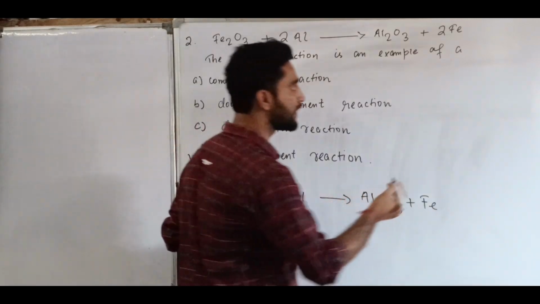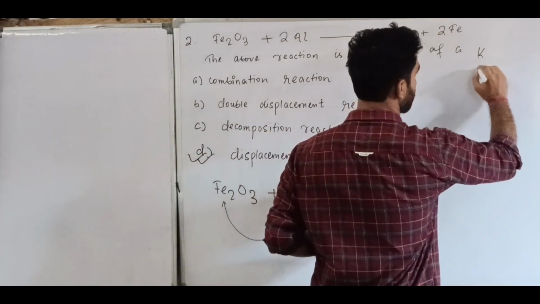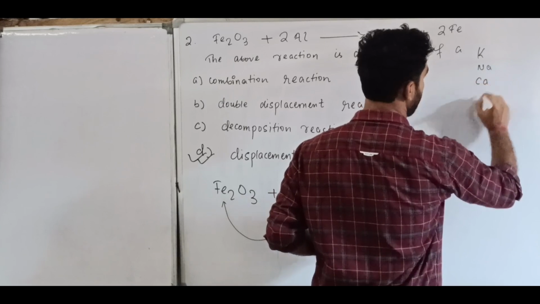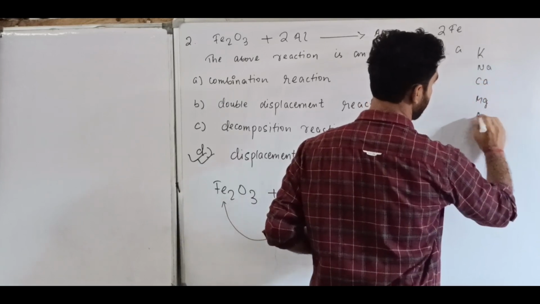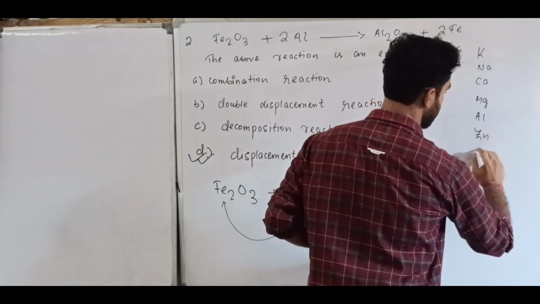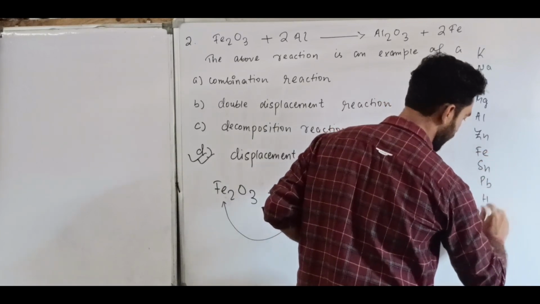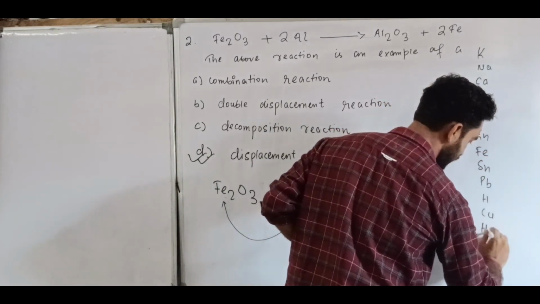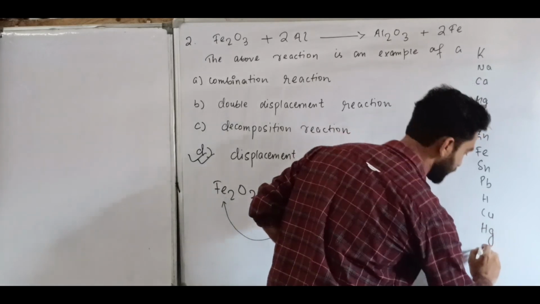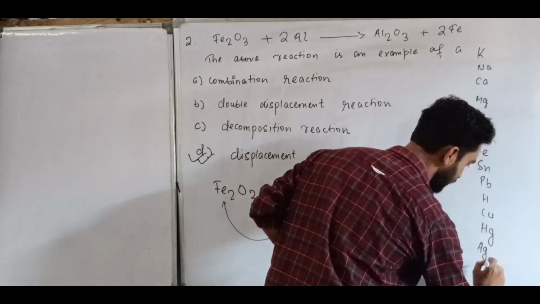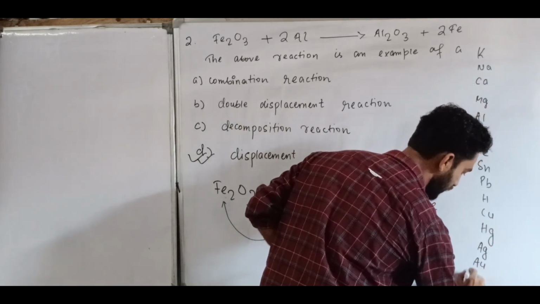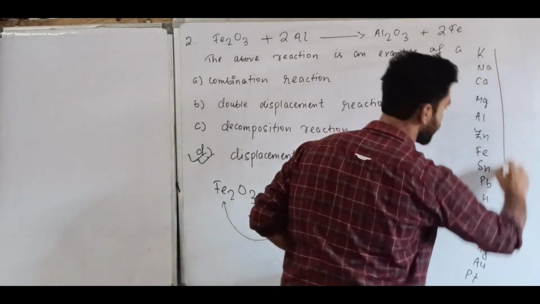If you look at the reactivity series also: potassium, sodium, calcium, magnesium, aluminium, zinc, iron, tin, lead, hydrogen, copper, mercury, silver, gold, platinum.